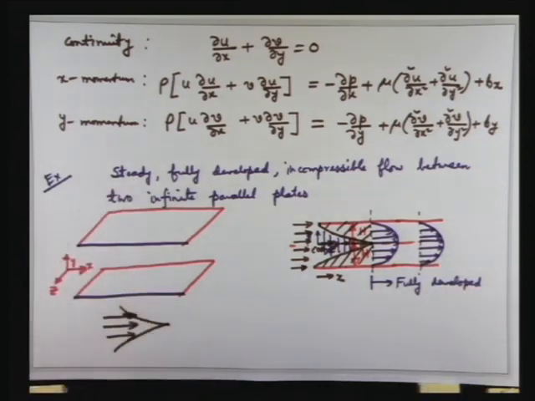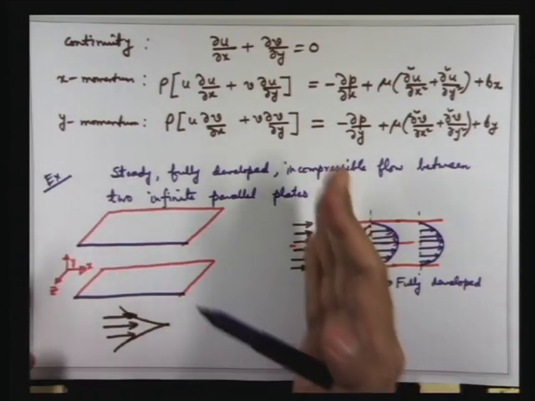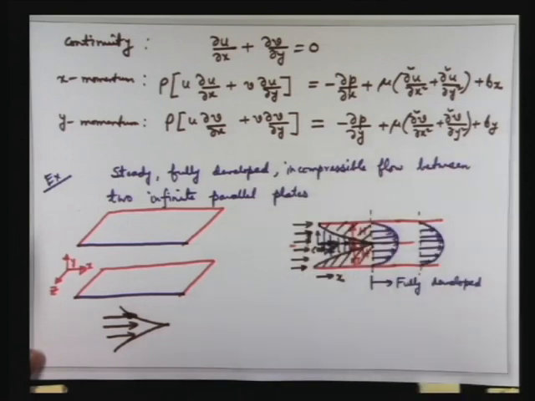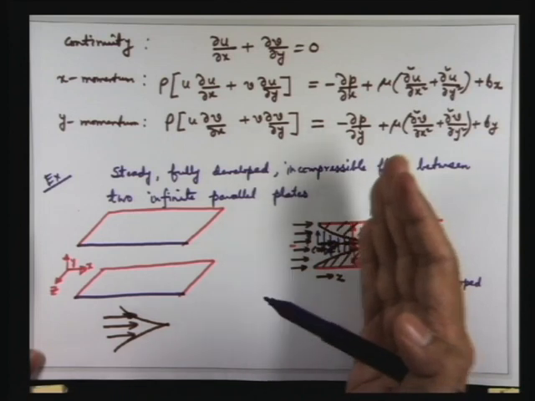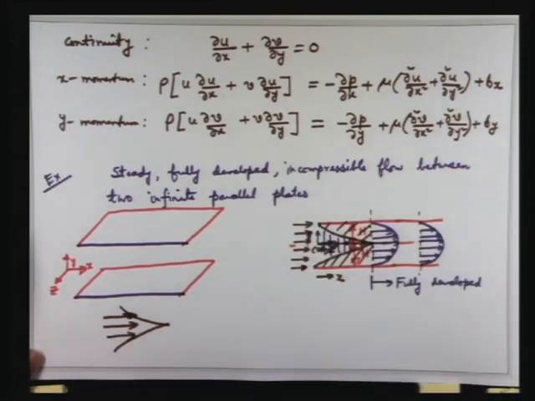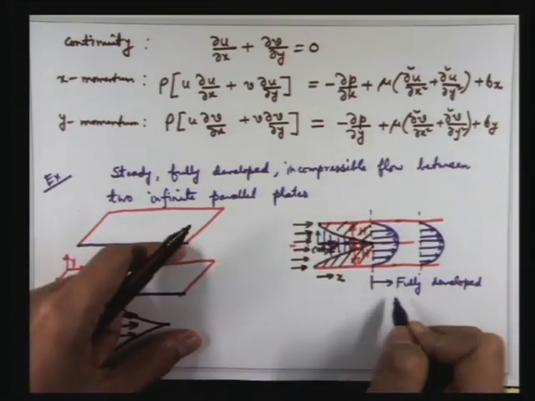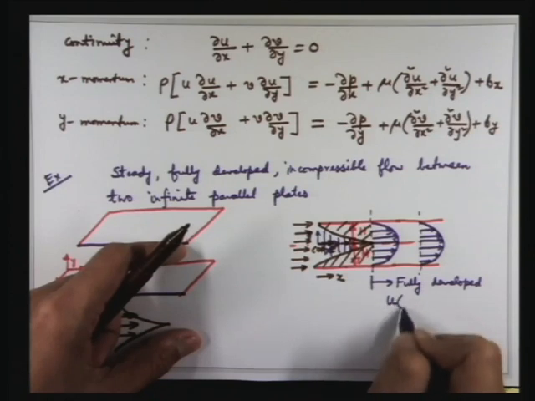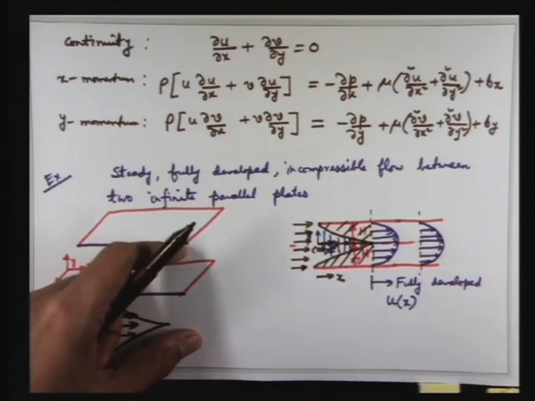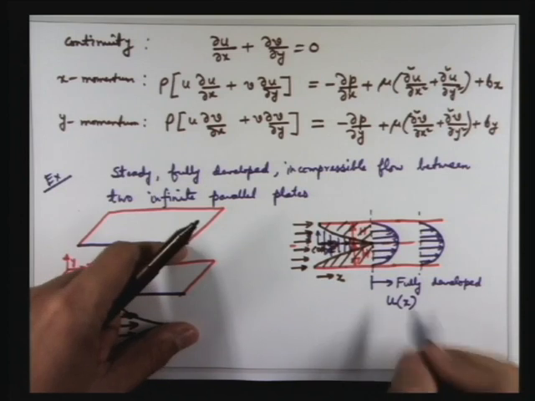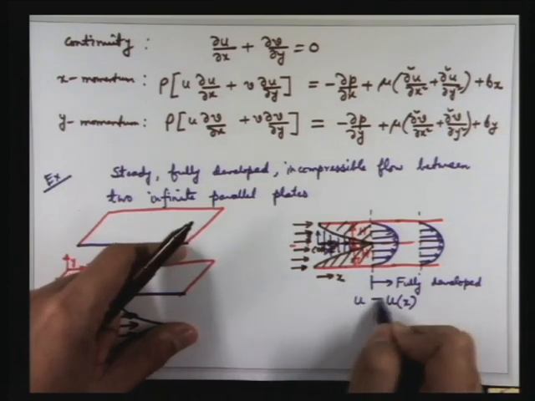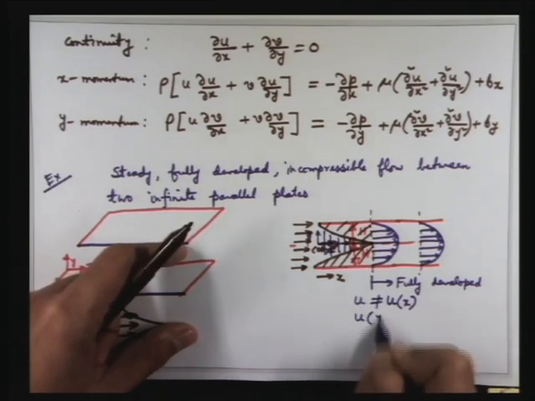Till the flow was fully developed, the velocity profile would have been continuously changing. But once the flow is fully developed, the velocity profile will not change. That means when the flow has become fully developed, u is not a function of x, u becomes a function of y only.